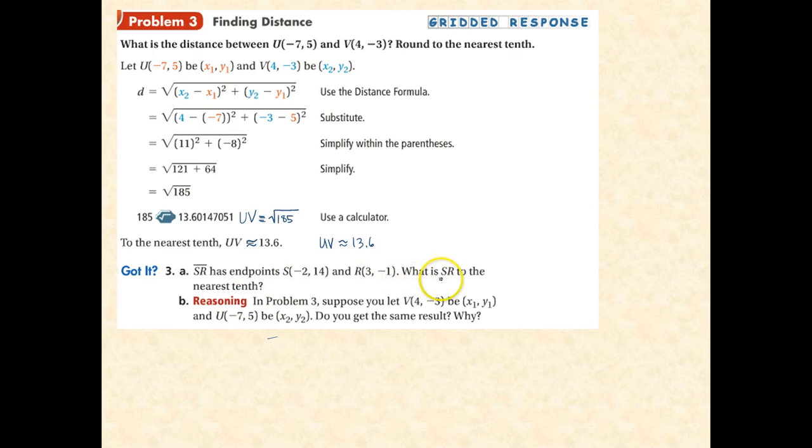Alright, let's find the length of SR to the nearest tenth. So distance equals the square root of, this is the difference between the x values. So 3 minus -2.